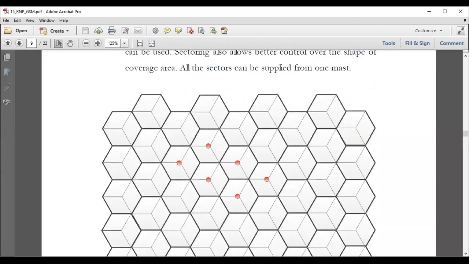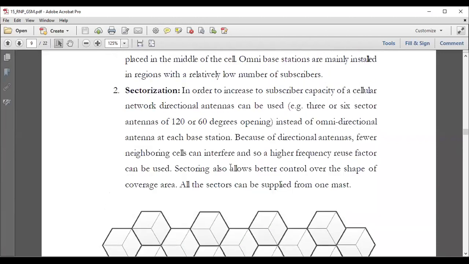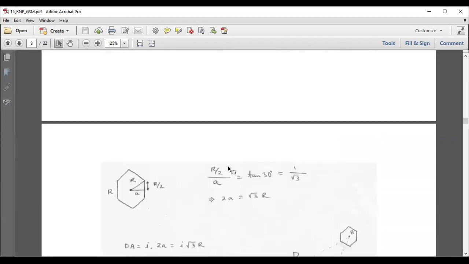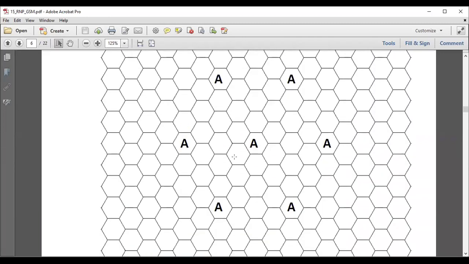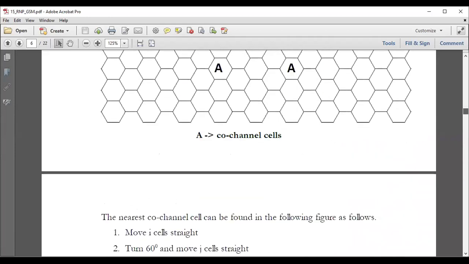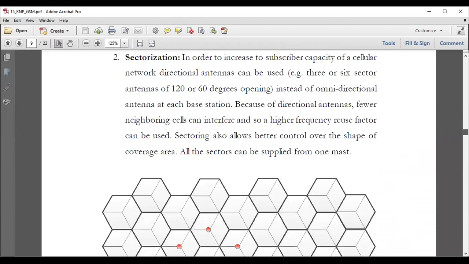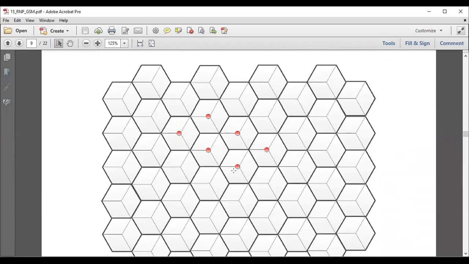It is not omni. Omnidirectional means you have no sectoring. At the center, you just put your base station like this, and the antenna will radiate equally in all different directions. But now, of course, every antenna will cover its own sector only, so it will be directional.